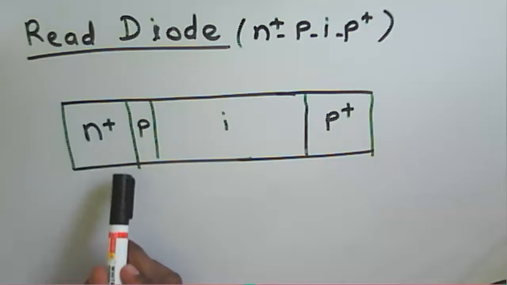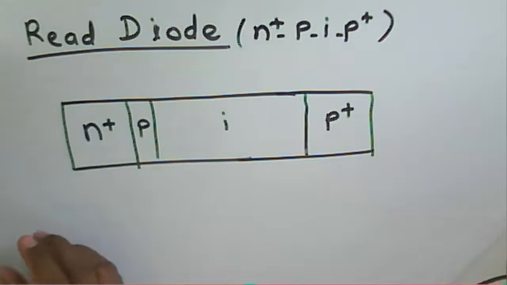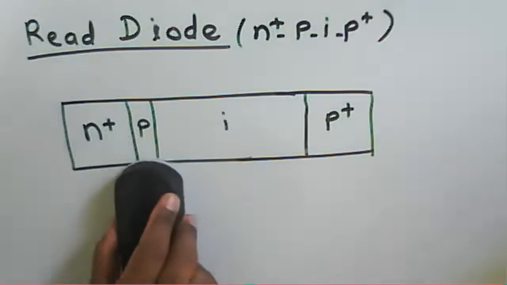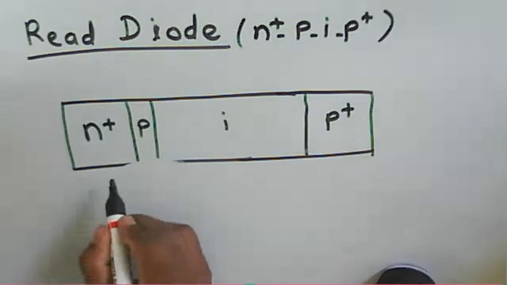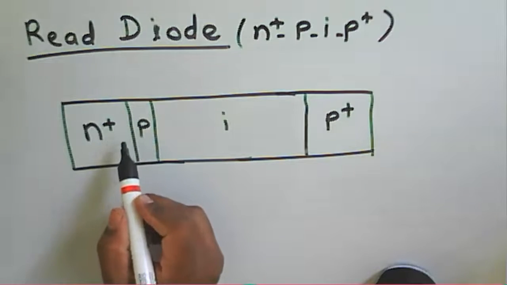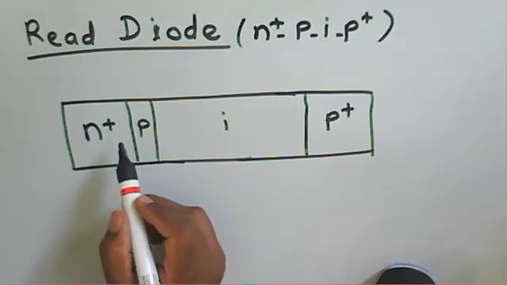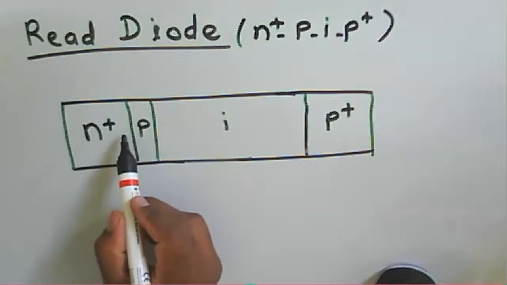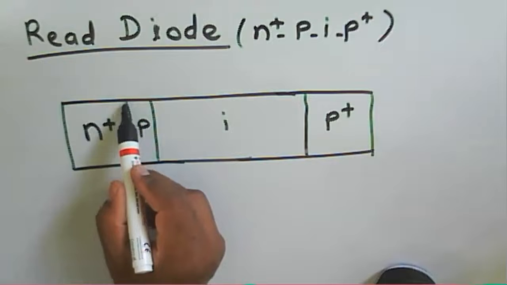Now if you consider the first junction, the n plus p, this one is the first junction, or we can say the first region.